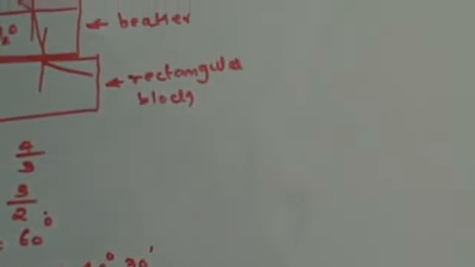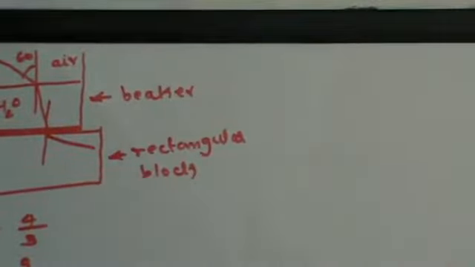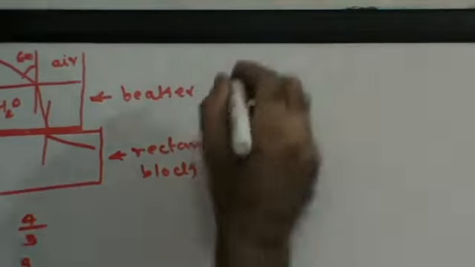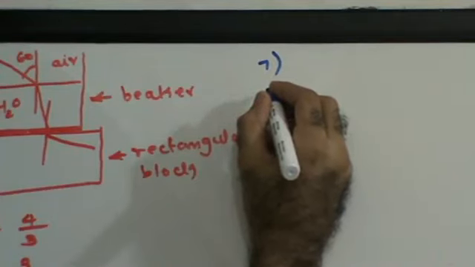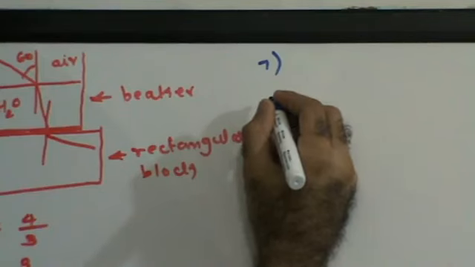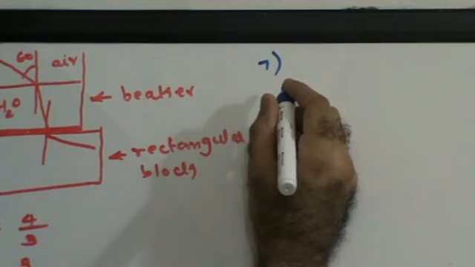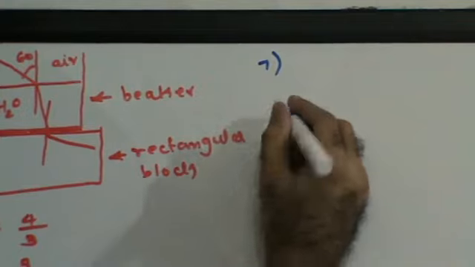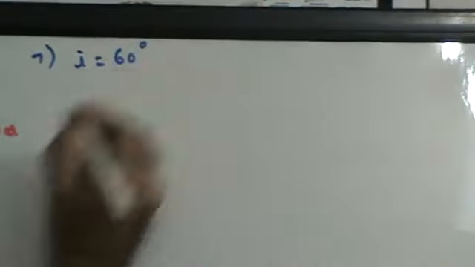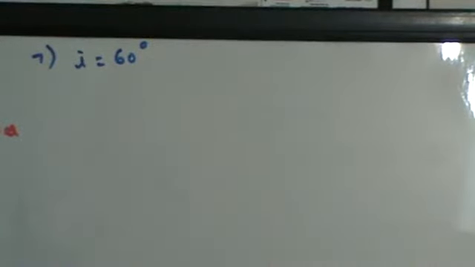A monochromatic light is incident on a glass slab at an angle of 60 degree.